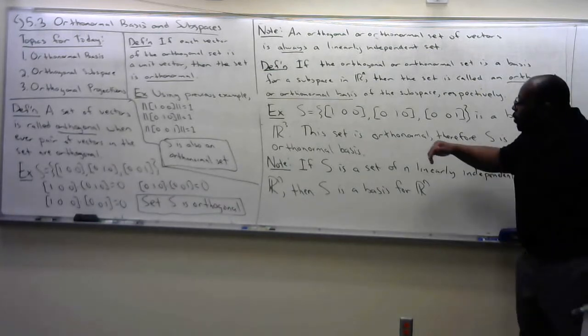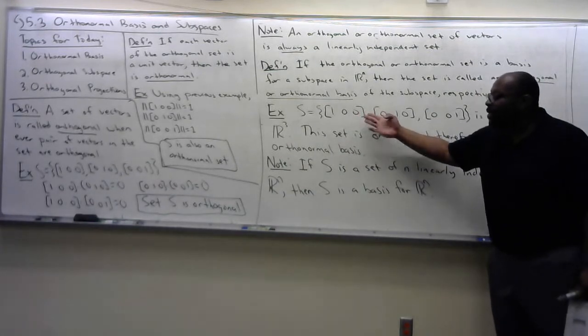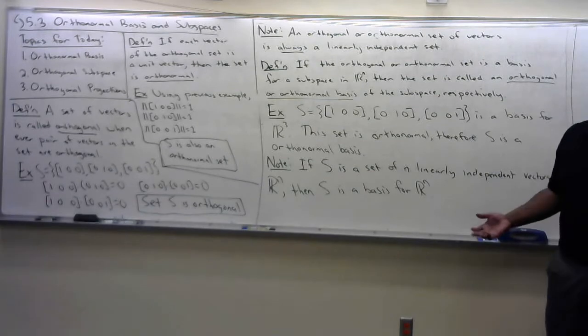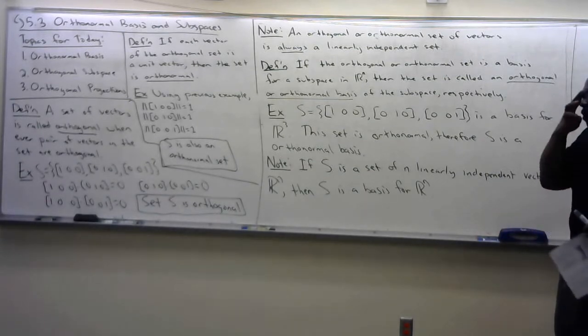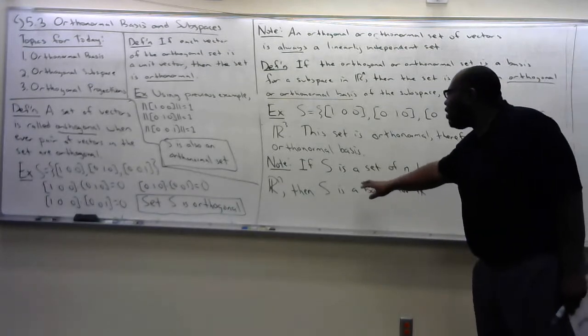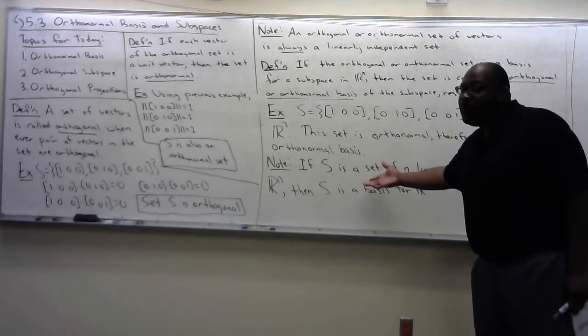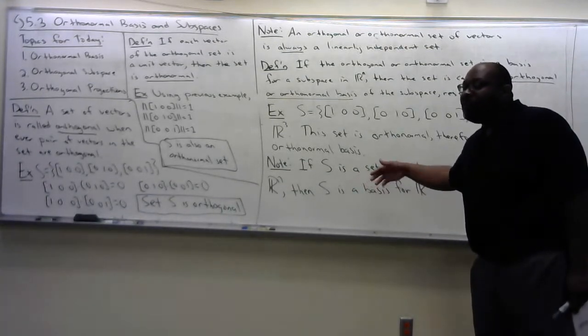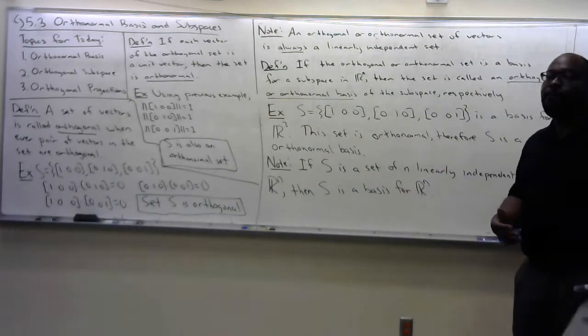Again, this S is not the same as the earlier S. S is just a set of n linearly independent vectors. So if I was in R4 and S was a set of any 4 linearly independent vectors, then those 4 linearly independent vectors would form a basis for R4.